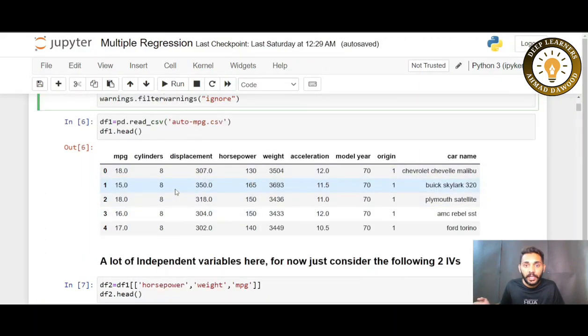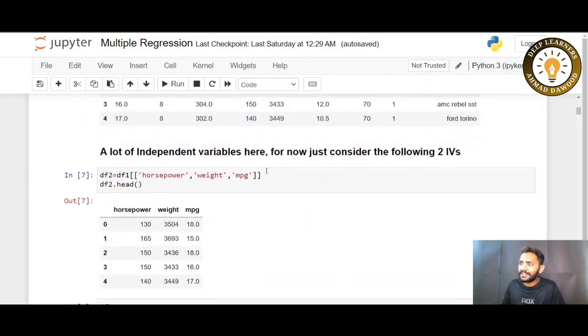The reason I am using just two independent variables is so that we can plot a graph in three-dimensional space. If we use three independent variables, then in total we have four variables, and we can't plot a four-dimensional graph. I discussed that in the theoretical part.